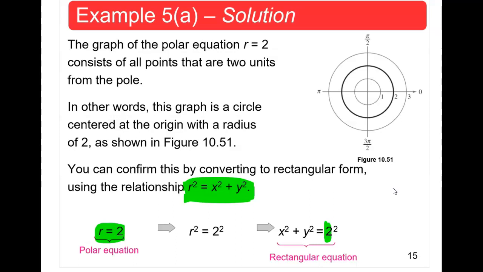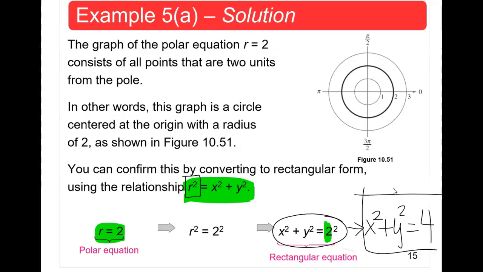So we're still following that pattern. We just substitute r with a 2. It could be written like that, or we could also write x squared plus y squared is equal to 4. And that has the exact same meaning as 2 squared, or equal to 4. And that will be the equation in rectangular form. Rectangular equation because we do have both x and y.